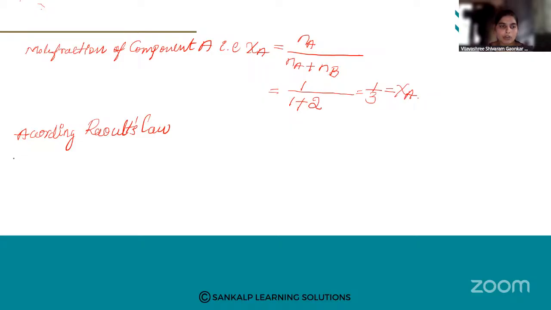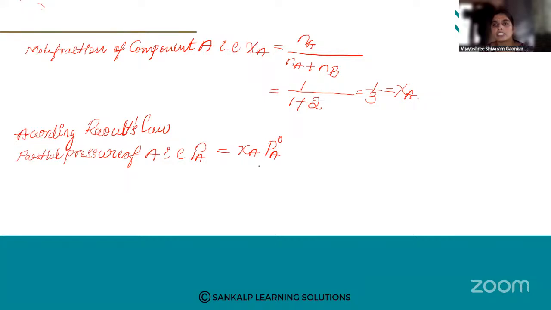So therefore we can write partial pressure, or partial vapor pressure, we can say partial pressure of A. I will write it as PA equal to mole fraction of A into P naught A. P naught A means what?